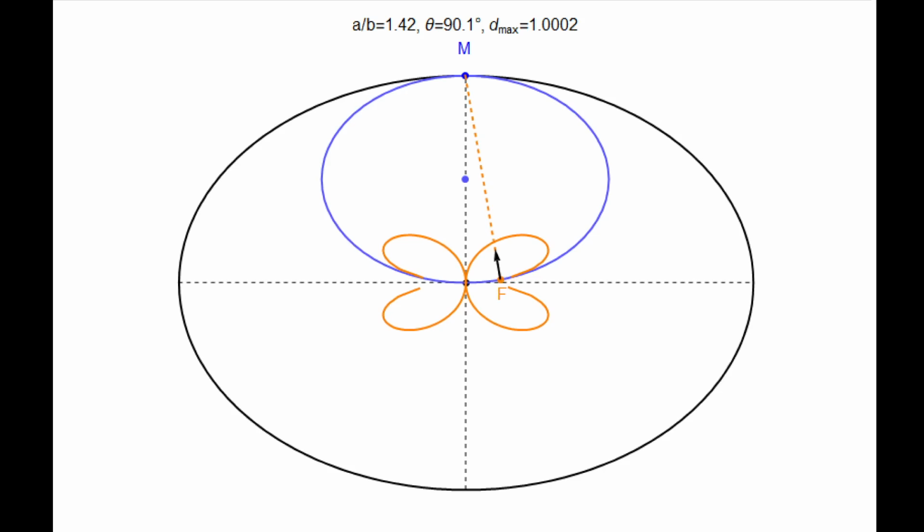I'm going to get to a situation where the two points F and, say, an F prime over here, that correspond to the furthest distance from M, are going to be closer and closer at a distance which is exactly twice the semi-axis of this small ellipse, and twice the semi-axis of the smaller ellipse is equal to the semi-axis of the outer ellipse.